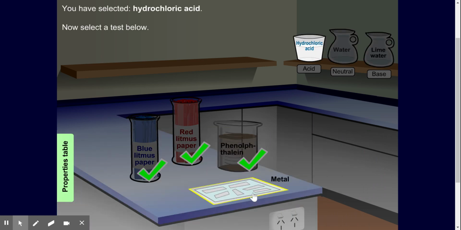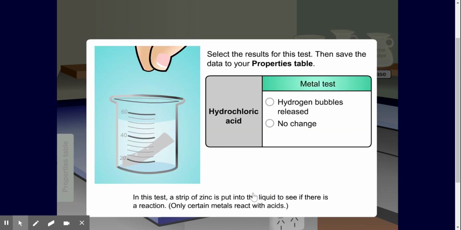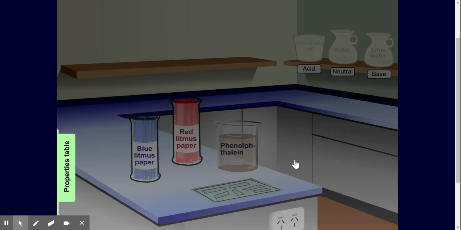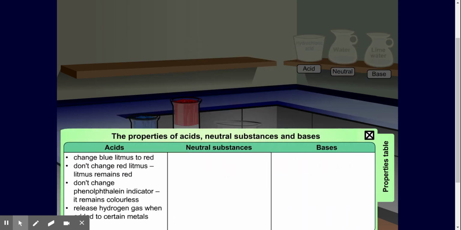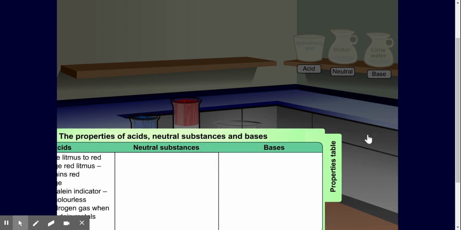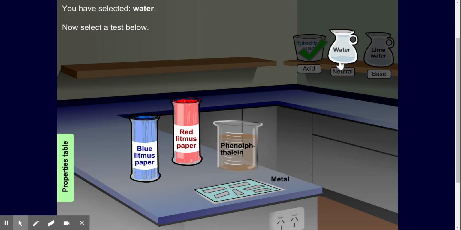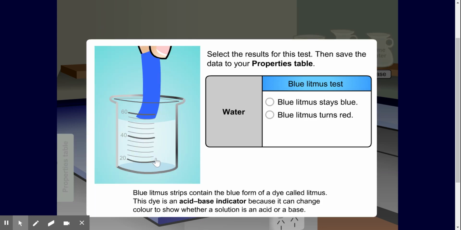And finally, we're going to test with metals. And we can see the bubbles releasing. Those are hydrogen bubbles. All right, so next we're going to move on to water, which is a neutral substance. We're going to test it with litmus paper, and we see that it stays blue.